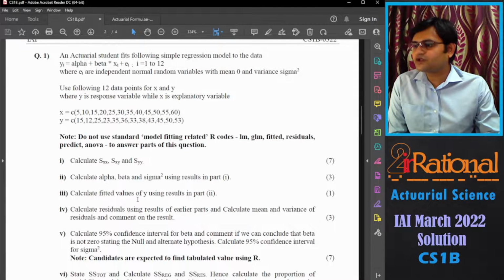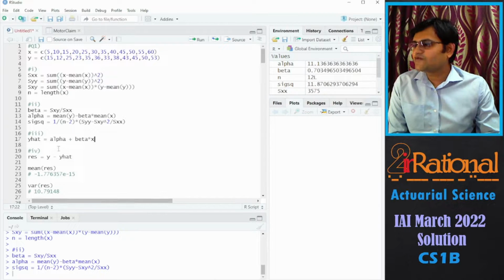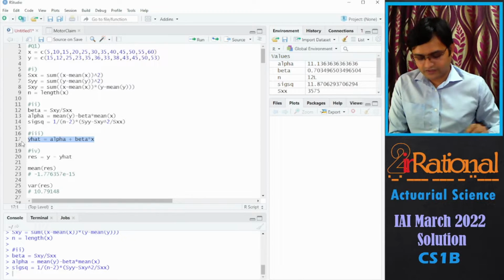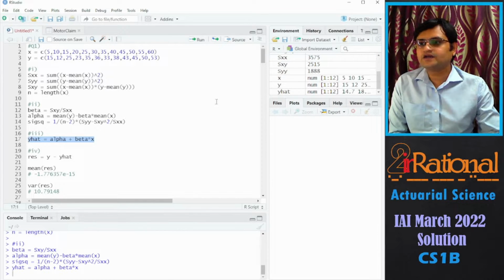Third part, calculate the fitted values of y using the results in part 2. So we just have to make our linear model. We have y hat is equal to alpha plus beta into x. That will give us a vector y hat that has all 12 values of the fitted values.